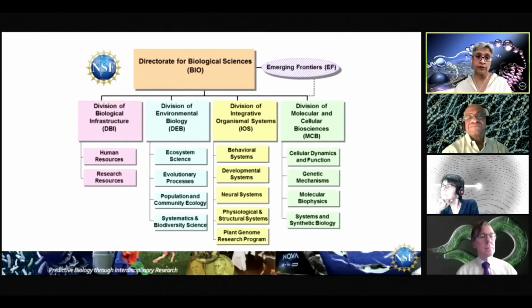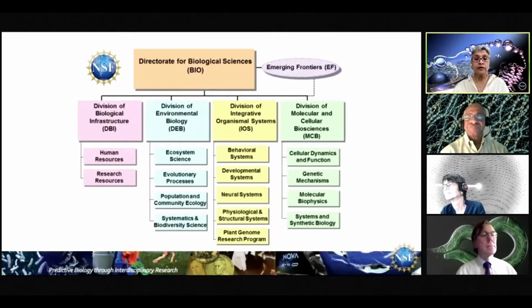The division of integrative organismal systems, IOS, supports research on development, physiology, behavior, and all other complex characteristics at the organism level. And then we have molecular and cellular biosciences, which supports research on the molecular underpinnings of living systems.